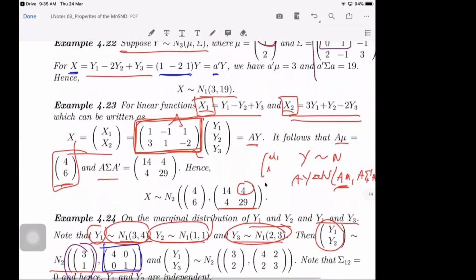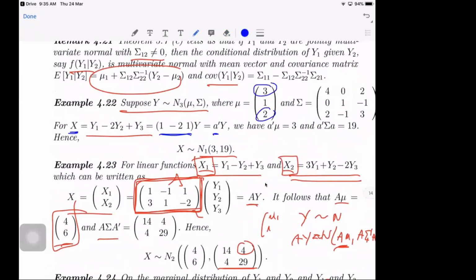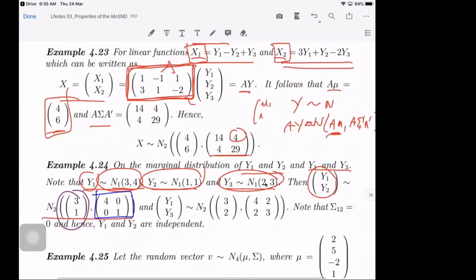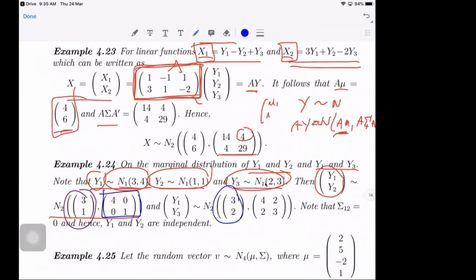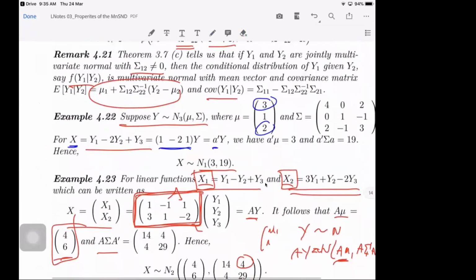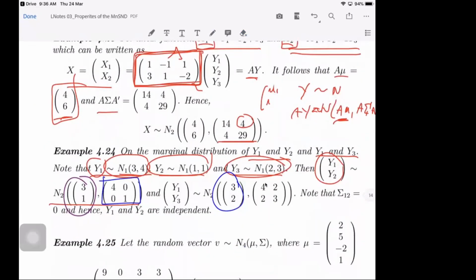And then Y1 and Y3. Where are Y1 and Y3? So the mean is (3, 2), and the covariance matrix of Y1, Y3 has 4, 2 and 2, 3.